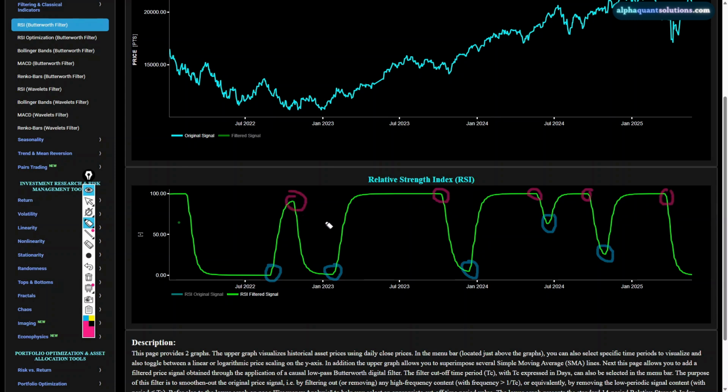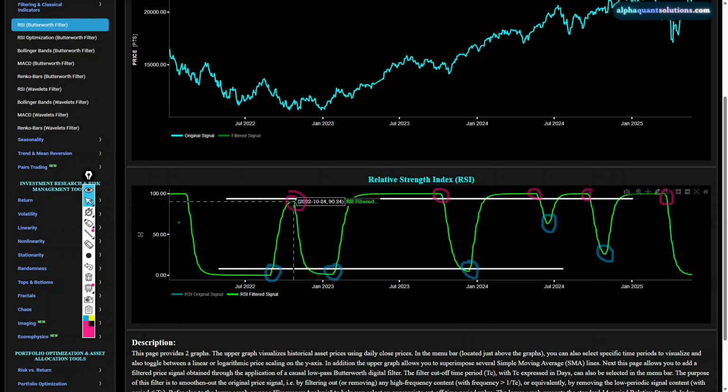But here again we will apply a threshold. This means the entry point will only qualify if the RSI is below a certain threshold, for instance this line, and the exit points will only qualify if the RSI is above a certain threshold, for instance this other white line.